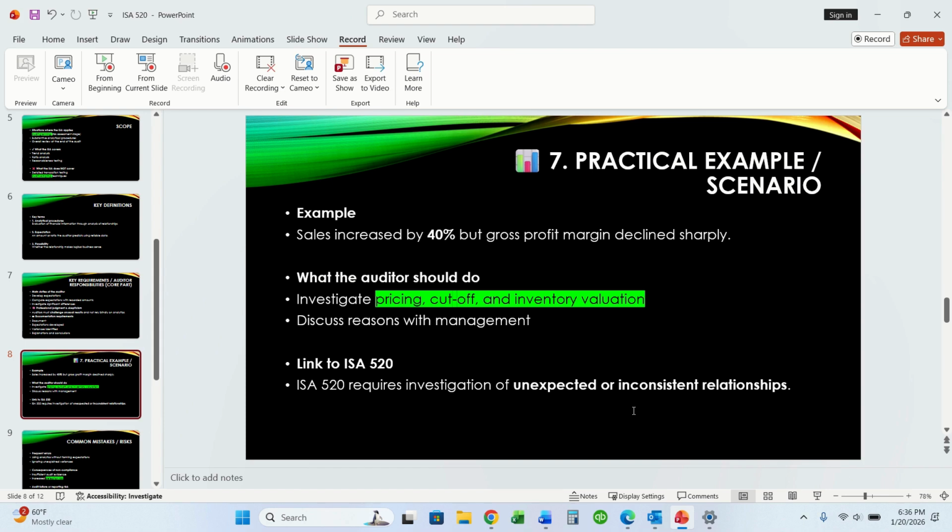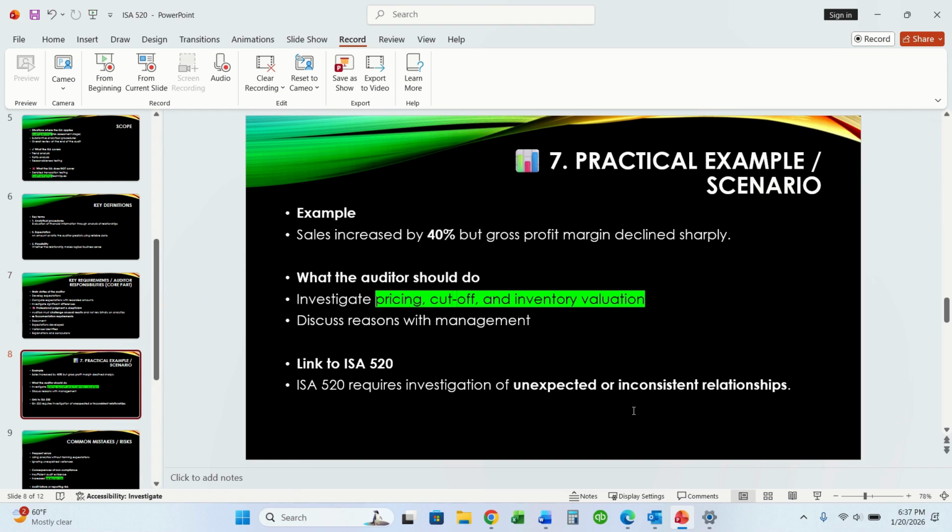Let me explain. Pricing means checking whether inventory is recorded at the correct cost or not. The audit objective is to ensure inventory is valued at the correct unit cost. Cost includes purchase price plus directly attributable costs. What is cutoff? Cutoff ensures inventory transactions are recorded in the correct accounting period.